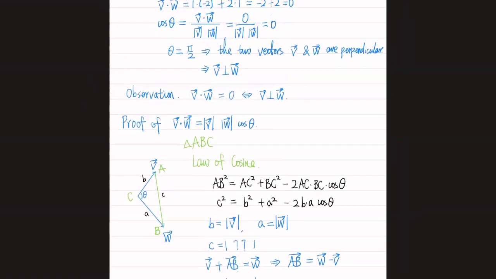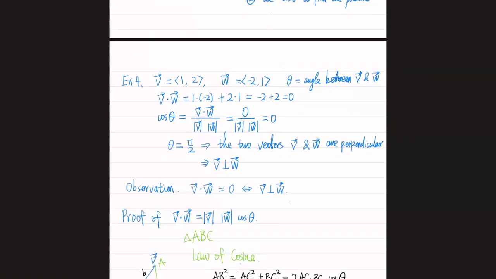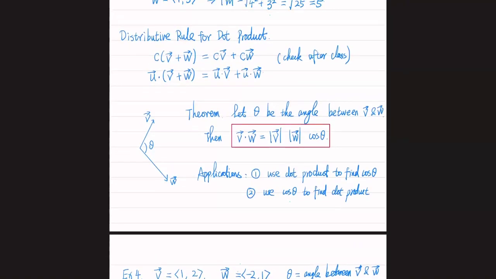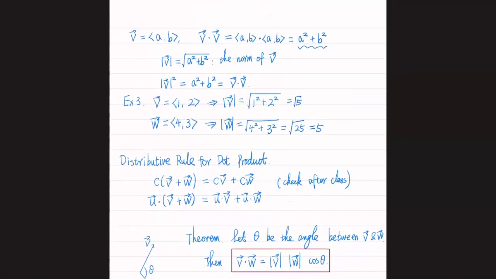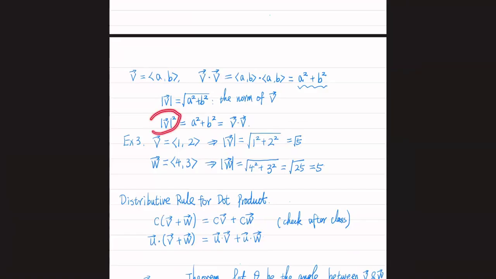If we go back to the previous page, the norm squared is the dot product of the vector with itself. Okay, we're going to apply this to our expression here.